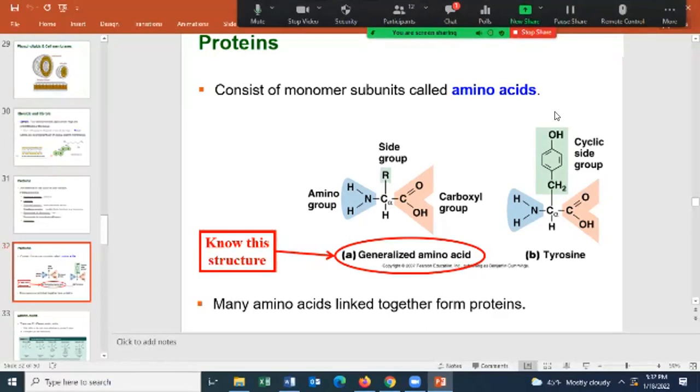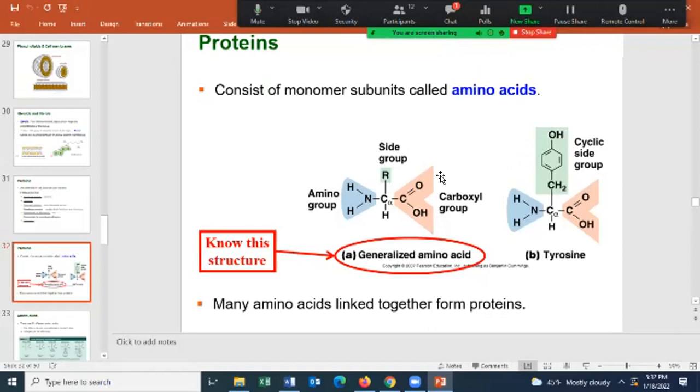So proteins are always polar or hydrophilic from the amino group of the amino acids and the carboxyl group, and some of the R groups have polar regions to them.